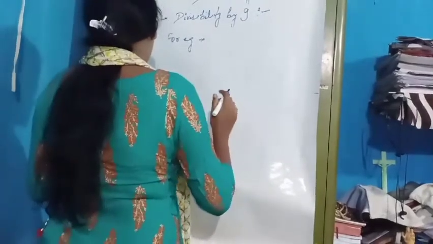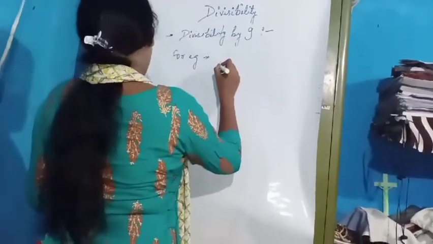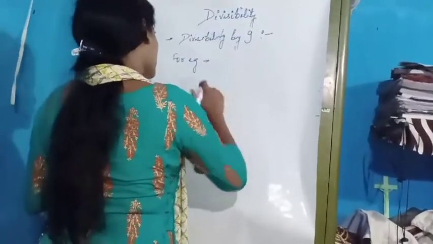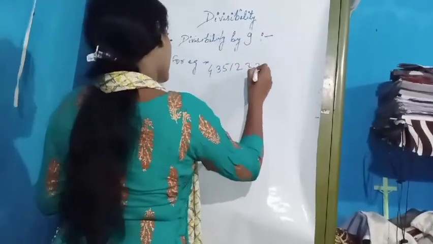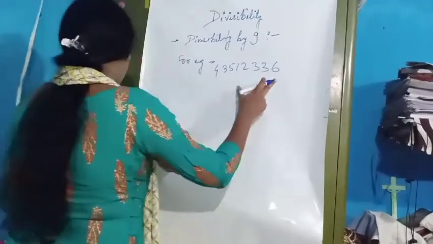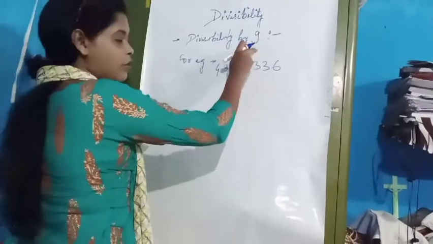For example, let's take 4, 3, 5, 1, 2, 3, 6. If I ask you whether this number is divisible by 9 or not, find out.